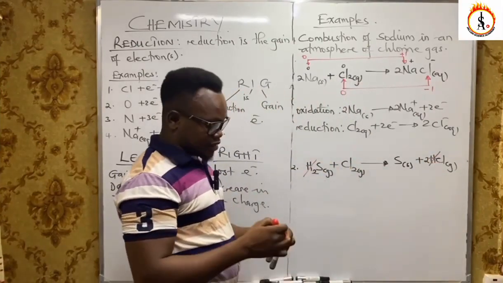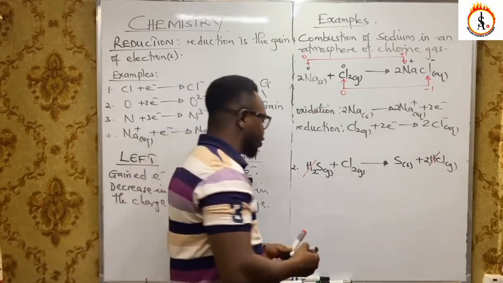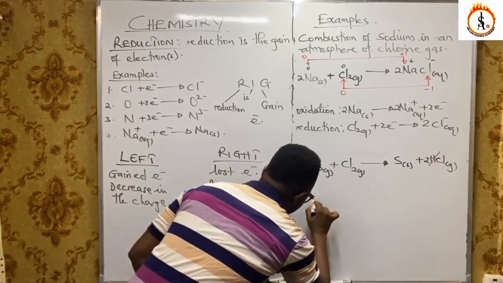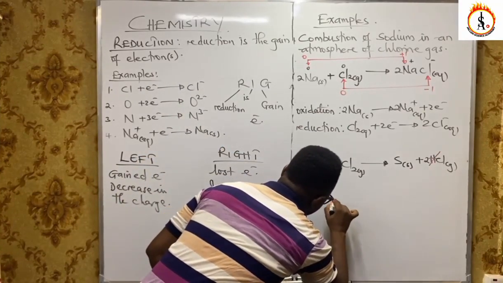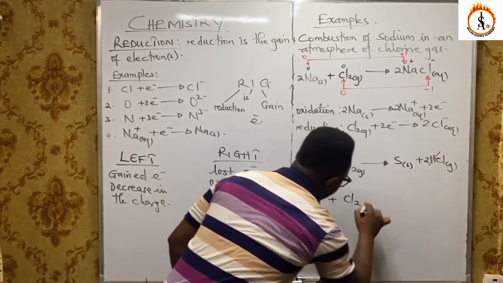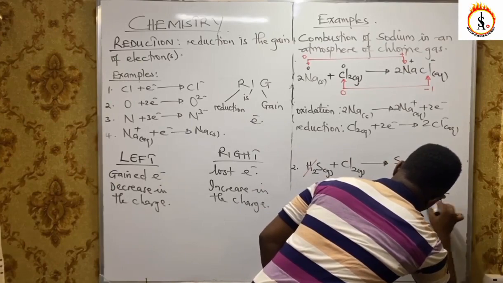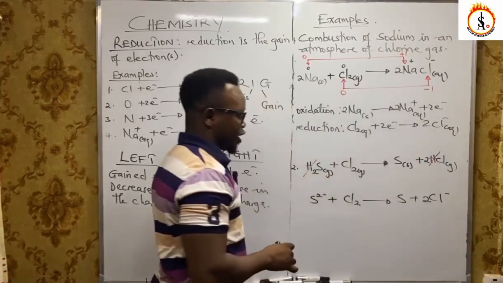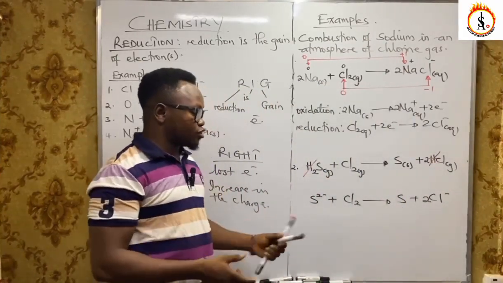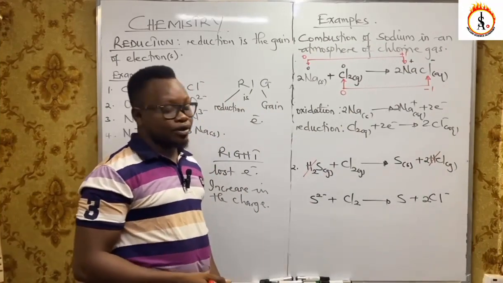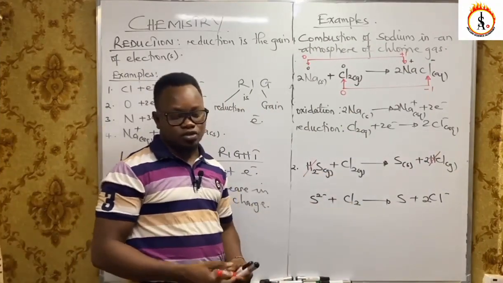So we can write this as an ionic equation, writing it as sulfide ion, S2- reacting with chlorine to give us sulfur, and then the chloride ions, 2 chloride ions here. So this is what we have. This is the ionic equation, because hydrogen is a spectator.